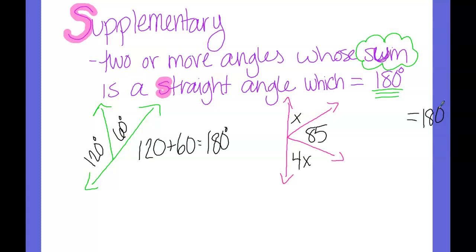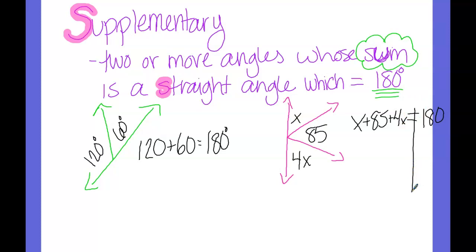All of these, right? So we have x plus what? Let's just go in order, that way we get everything. So the top angle is x, the next angle is 85. And then the last angle is 4x. So you were correct by saying x plus 4x plus 85 is true. What would I do next?